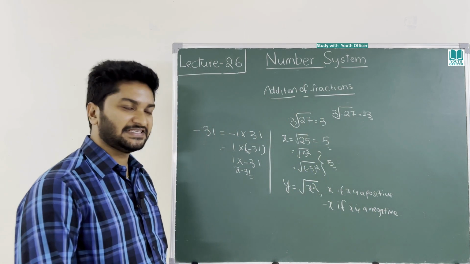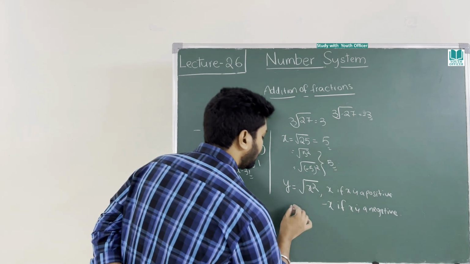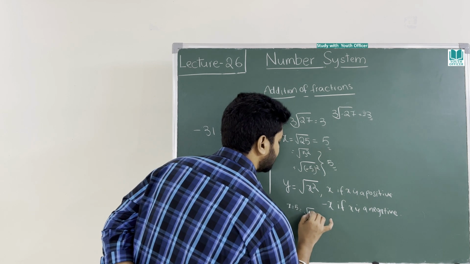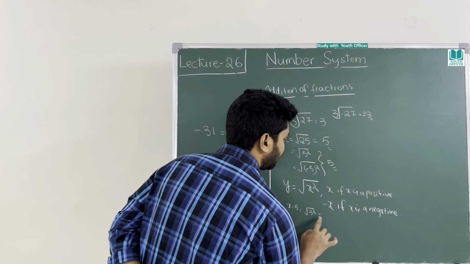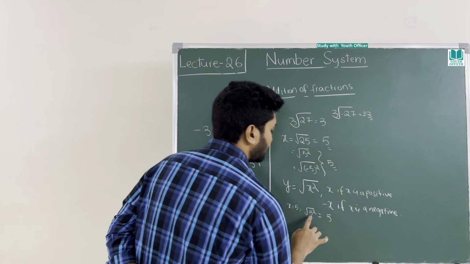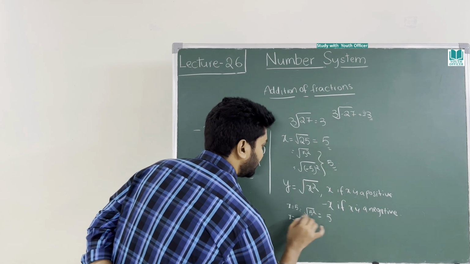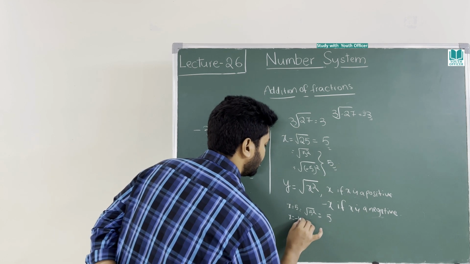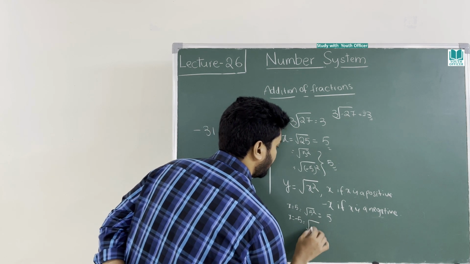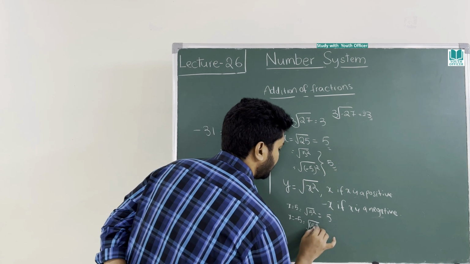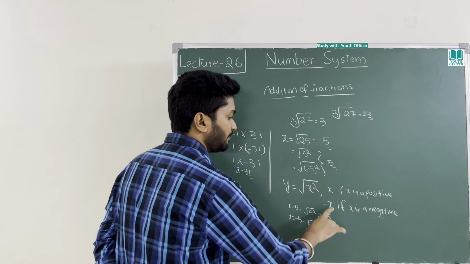What do you mean by this? If x equal to 5, that means square root of 5 square, directly the answer will be 5 only, because 5 is a positive number. But if x is a negative number, minus 5, then square root of minus 5 whole square should be equal to minus x.